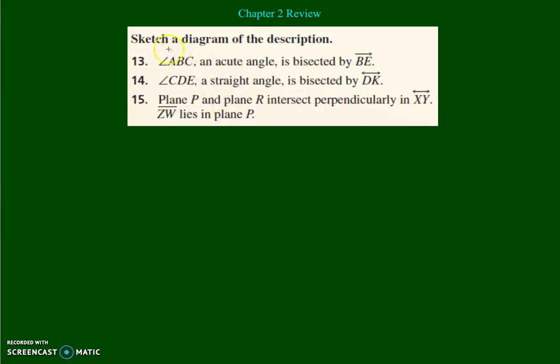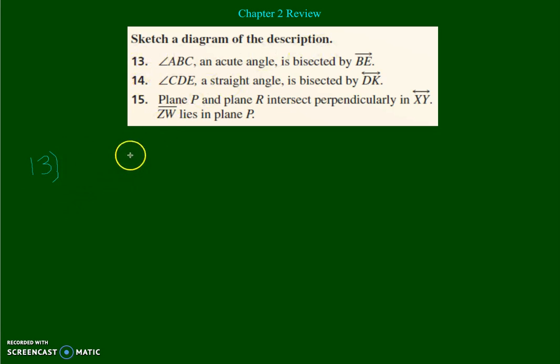In this set of problems, we're being asked to sketch diagrams based on the descriptions that were provided. So number 13 says, sketch angle ABC, an acute angle, which is bisected by ray BE. So let's start over here, and it doesn't have to be pretty, just reflective of what they're asking.